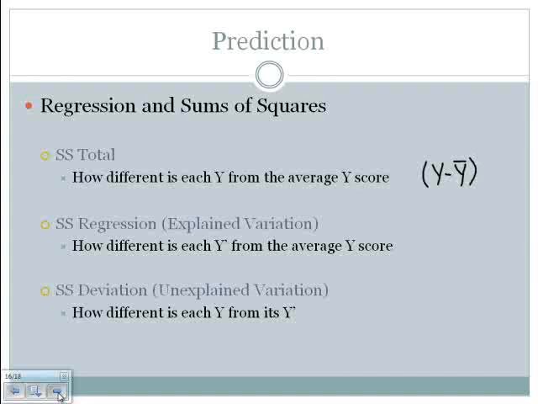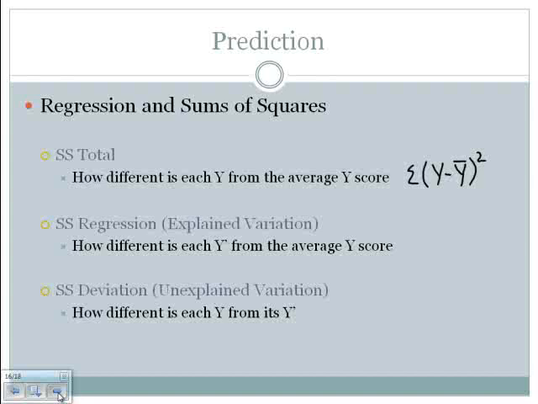And because we're talking about sums of squares, remember we're going to square this and sum it up. All right, so SS total: how different is each y from the average y score? It's kind of like calculating deviation when we were conceptually calculating standard deviation. Deviation from the mean squared and then summed up. Okay?